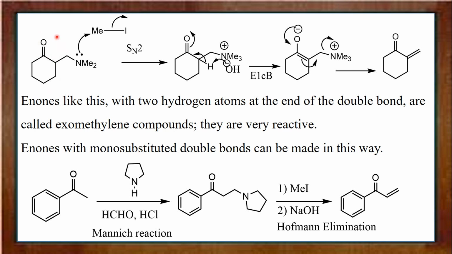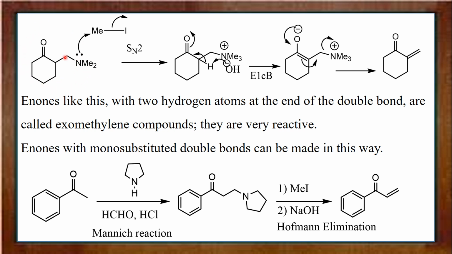So the product of the Mannich reaction is aminomethyl carbonyl, and maybe instead of the carbonyl there may be some other electron withdrawing groups. Mostly the Mannich reactions are carried out with carbonyl compounds.